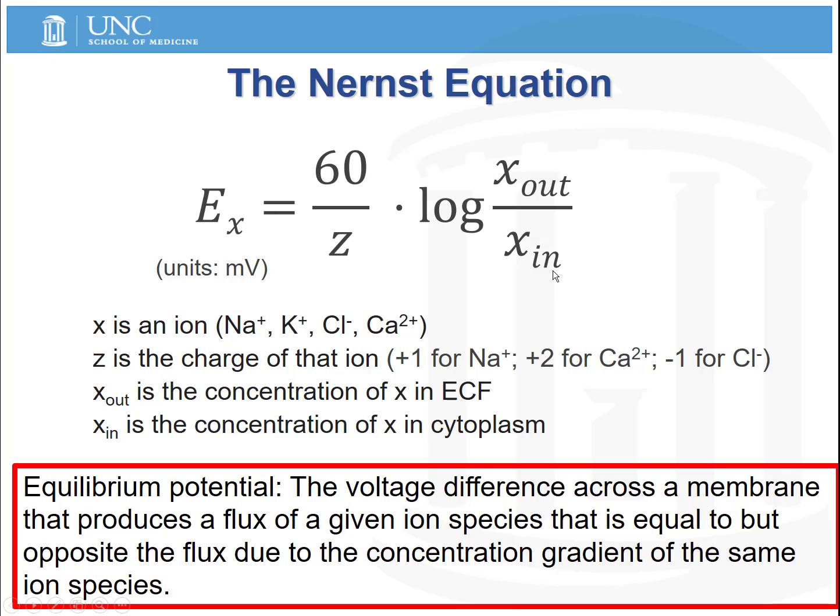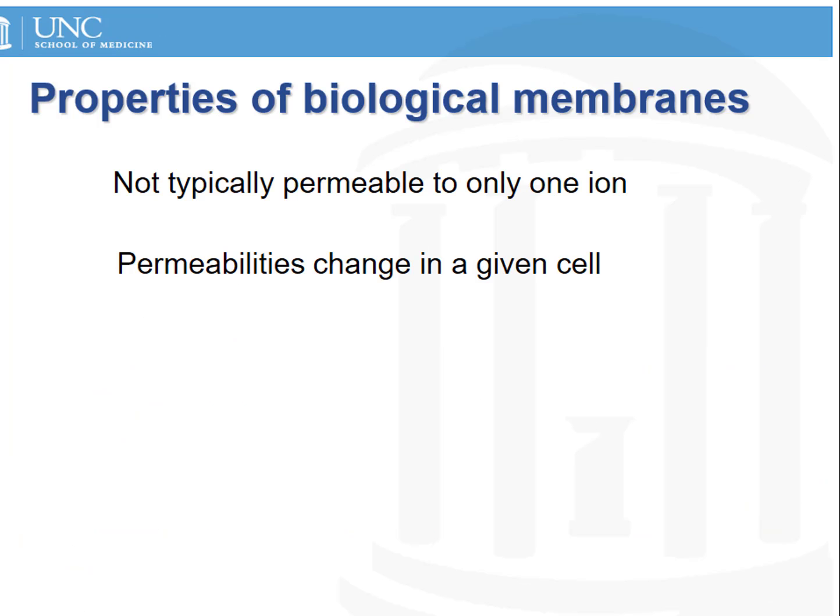Sometimes this equation is also written as negative 60 over Z times the log of the internal over the external concentration. So that negative just flips the outside and the inside, but both give the same result, but just be aware of that. So the Nernst equation gives us the equilibrium potential for any given individual ion.